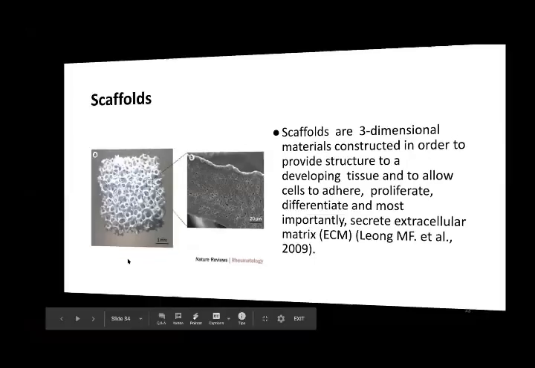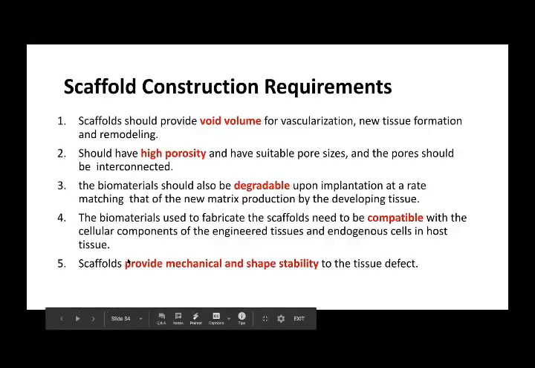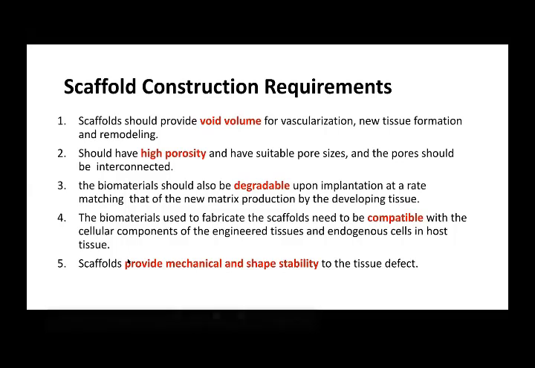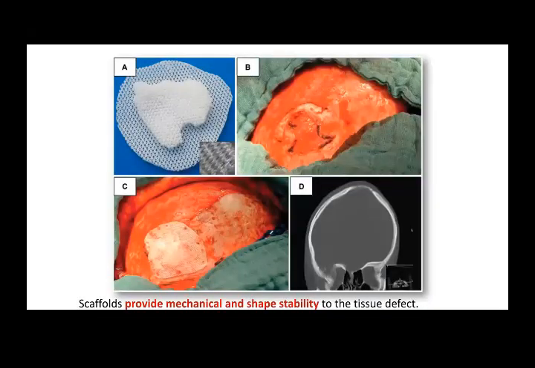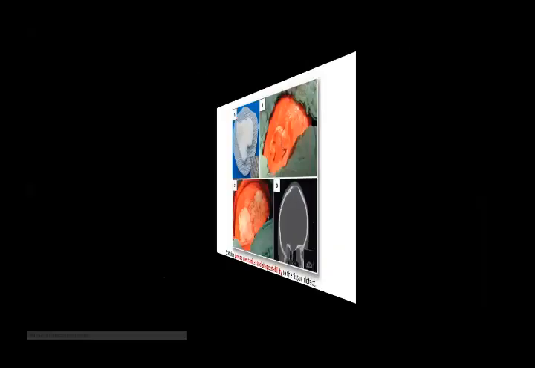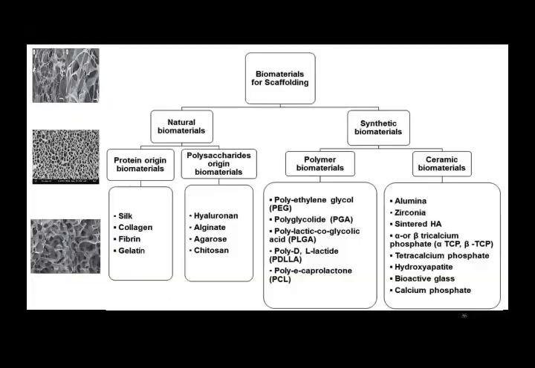Obviously, we discussed. This is just the enhanced picture. So the 3-dimensional view. Construction requirements we talked about: void volume, highly porous, degradable material, compatibility, and providing mechanical and shape stability as well. The types of scaffolds हमने बात की थी, whether it could be broadly categorized into absorbable, non-absorbable, natural, synthetic.